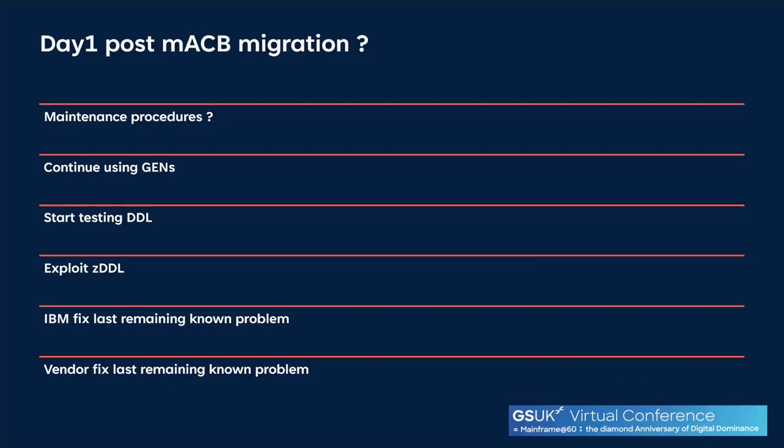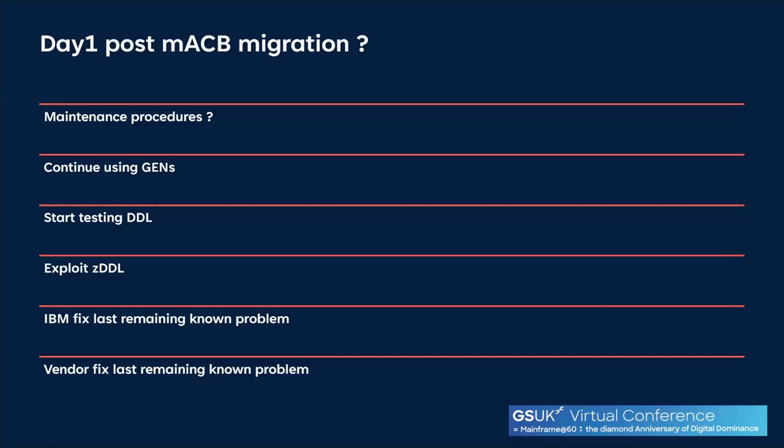The main advantage is DDL. So instead of making changes in DBD source, you will be writing DDL statements in the future, right? For new databases, you will do create tablespace. For new segments, you will do create table. For new PSBs, you will do create program view. So that's the future, right?